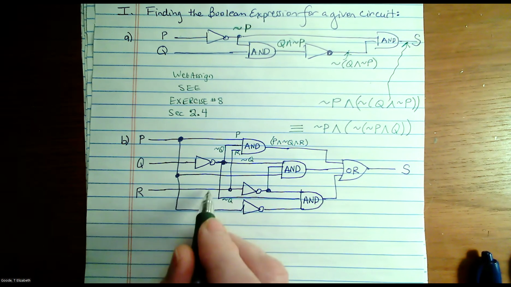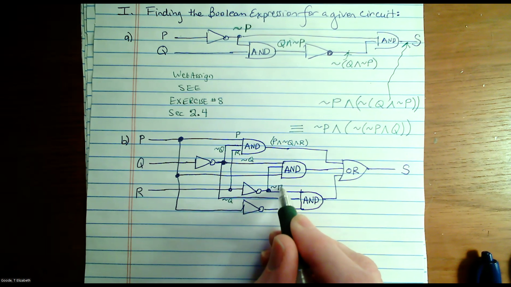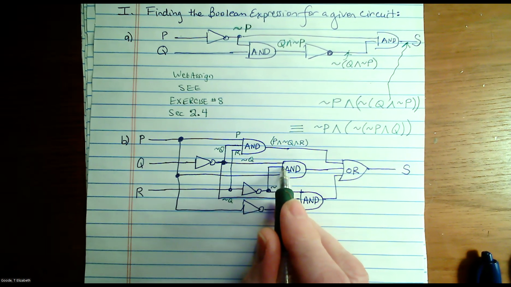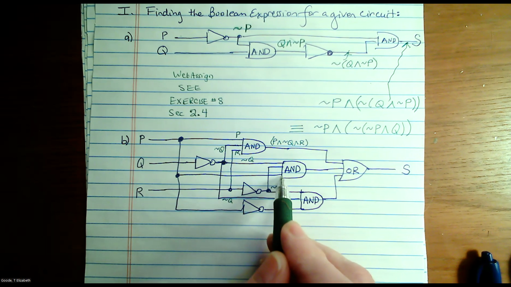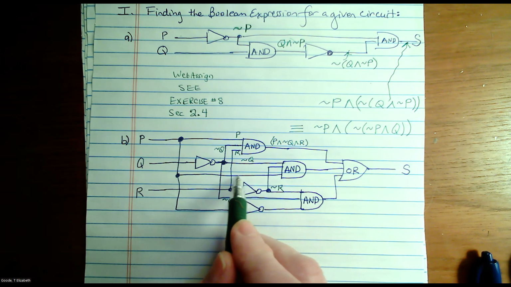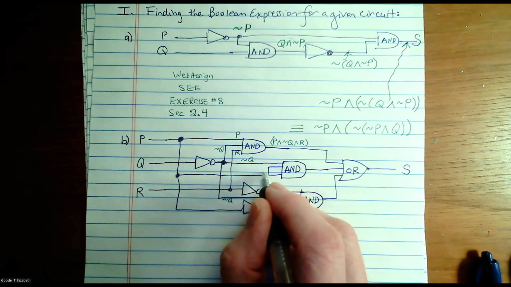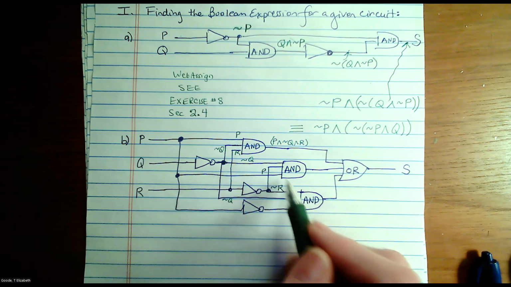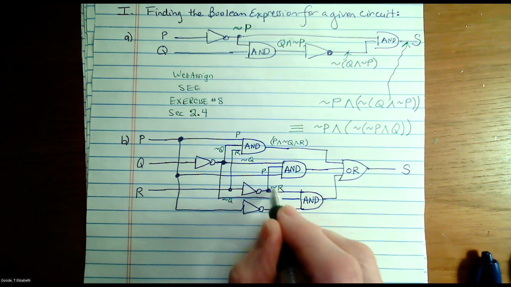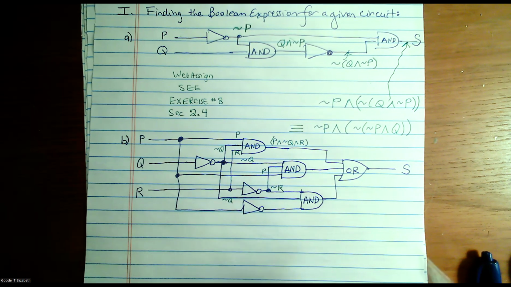Now we've got R here, but it goes through a NOT gate now, right? So this is not R coming out here. So this wire is a not R. We've got not Q already heading into this AND gate. What's this wire? If you back that wire up, where'd it come from? Yeah, that's our P wire. So on this wire right here coming out of this AND gate, we're going to go ahead and write, even though the wires aren't entering in alphabetical order, we're going to write the output in alphabetical order, okay?